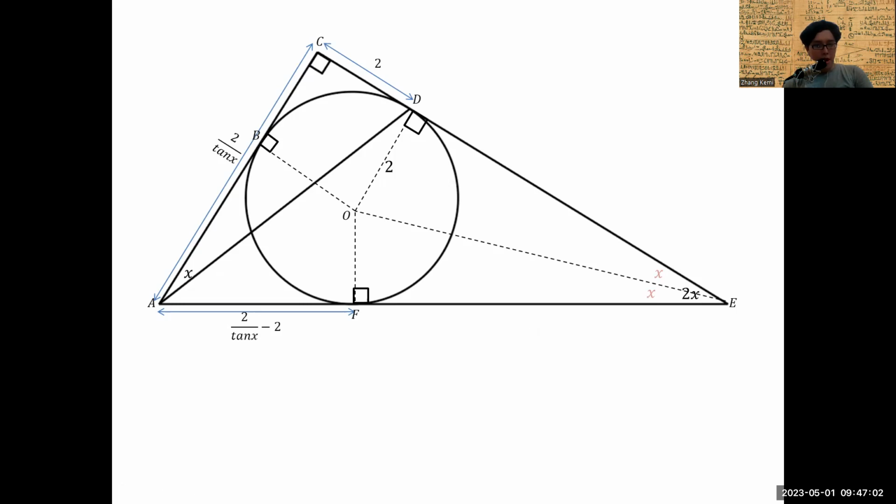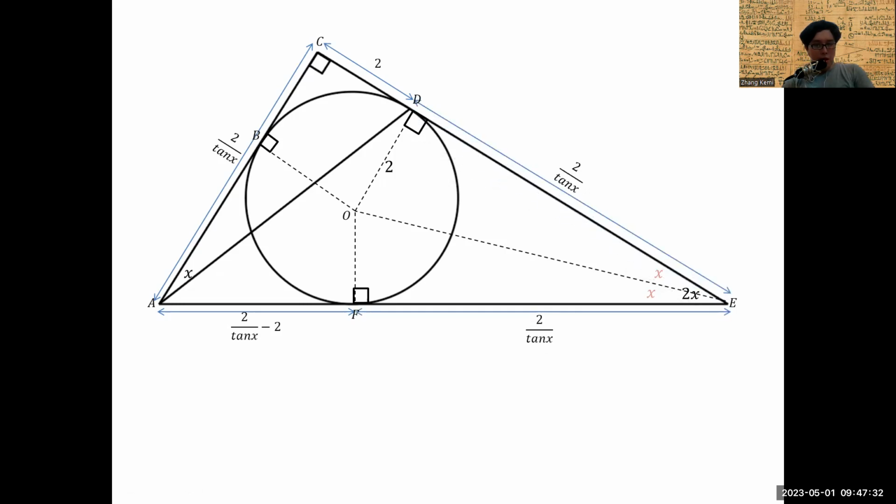And triangle FOE and triangle DOE are congruent. So in this case, angle FEO and angle DEO are bisected. Since angle DEF is 2x, I can split the two angles into x and x.